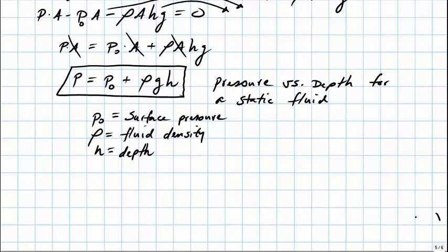Now, we noted earlier that when the surface is exposed to the atmosphere, then the surface pressure becomes atmospheric pressure.